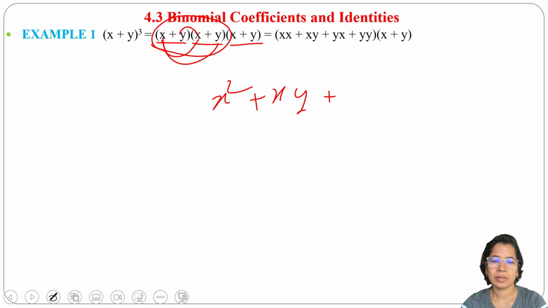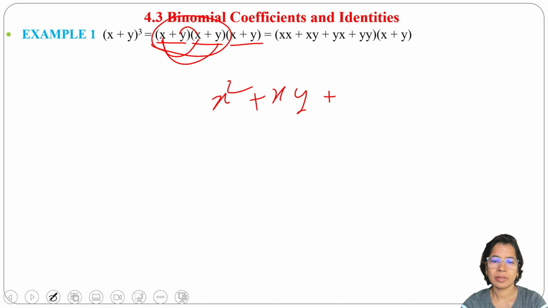Here n equals 4. (x plus y) power 4 we can write as the summation of j equals 0 to 4 of C(4,j) x power 4 minus j, y power j. That is C(4,0) x power 4, plus C(4,1) x power 3 y, plus C(4,2) x power 2 y power 2, plus C(4,3) x power 1 y power 3, plus C(4,4) x power 0 y power 4. So directly you can write y power 4.